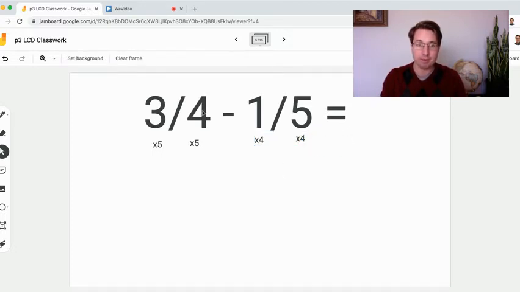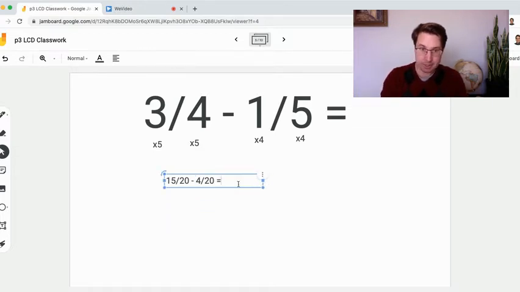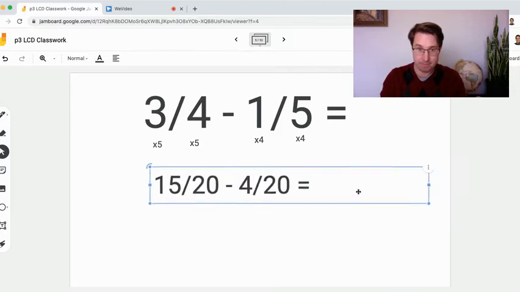So 3 times 5 is 15, 4 times 5 is 20. That's 15 twentieths. And we're going to subtract here 1/5. So that's going to be 1 times 4 is 4. And 5 times 4 is 20. Look, both denominators are 20ths. And let's pop an equal sign in there. Let's make this a little bit bigger.